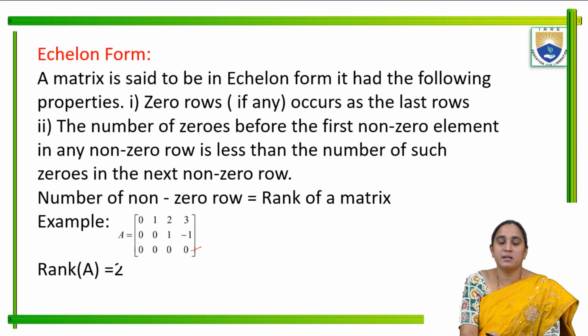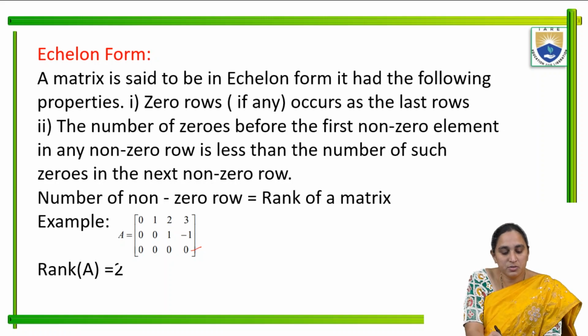For the square matrix, simply reduce the matrix to upper triangular with respect to row operations. After reducing the matrix to echelon form, the number of non-zero rows is equal to the rank of the matrix.